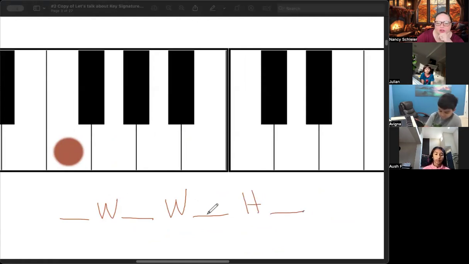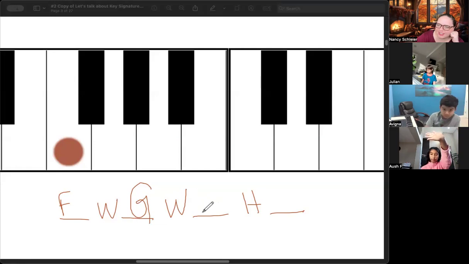So there are four notes. We have F sharp, and what's the next note? Julian? G. G, very good. And what would be the next note after G? Keslin. A. A, very good.